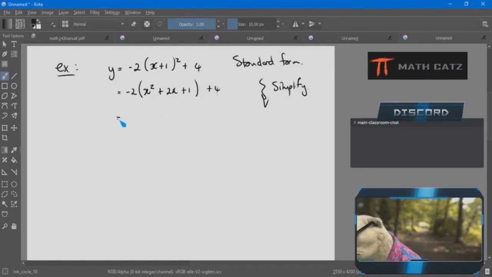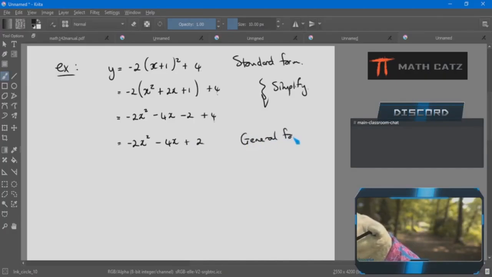Then I'll multiply the -2 in to get -2x squared minus 4x minus 2 plus 4. And then I'll merge the constant terms into a single constant term like so. And then we get what we call the general form.